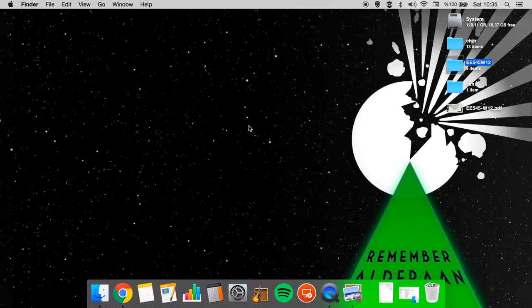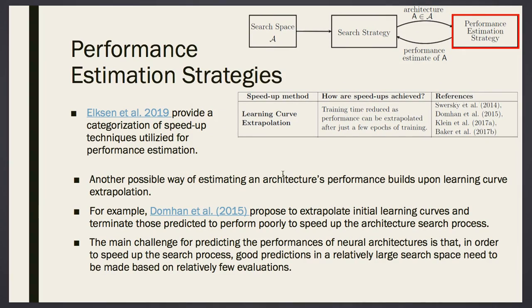Okay, let's continue. The authors of this paper propose to extrapolate the initial learning curves, and they terminate the experiments which do not converge, which perform poorly in the starting epochs. That will speed up the process, so you won't lose time on unwanted architectures.